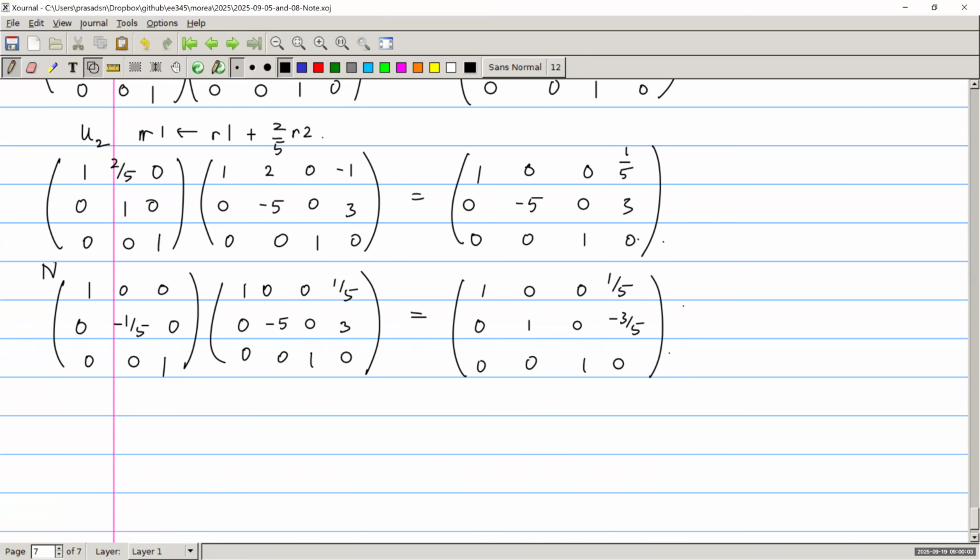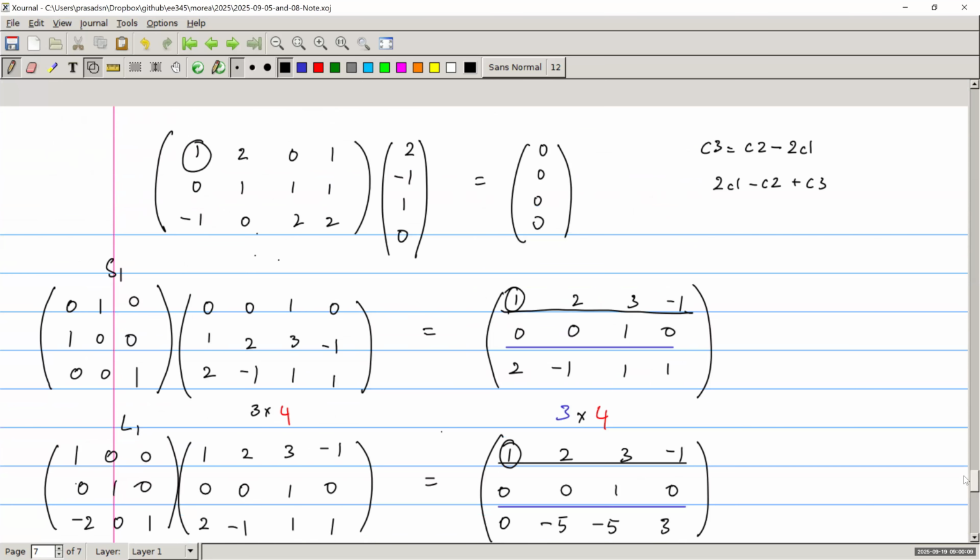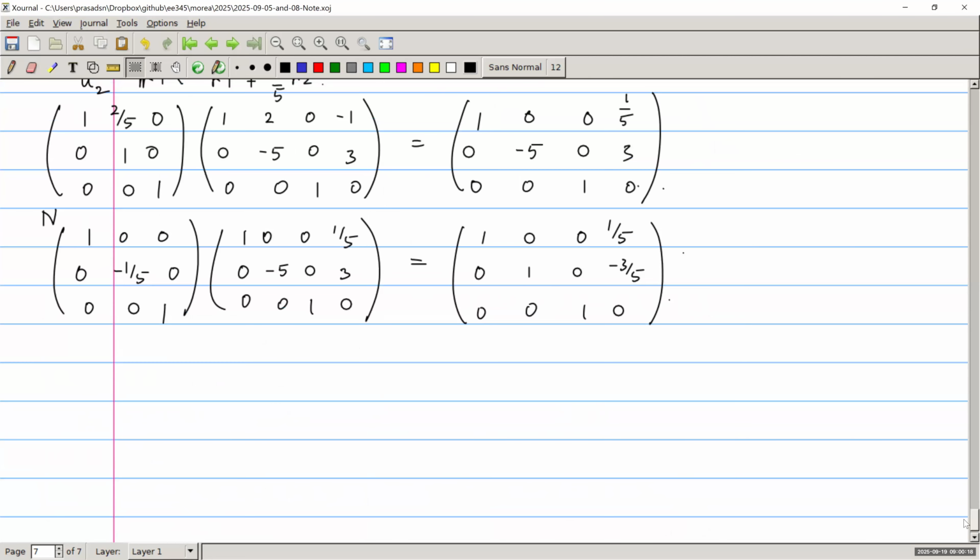Now, can you tell me, we started from our original matrix. The original matrix we had was this guy. Okay, we started from this matrix and we ended up with this matrix.